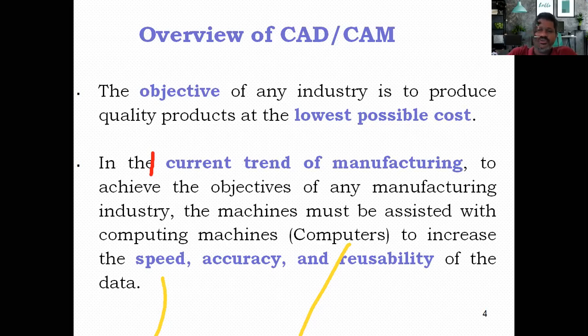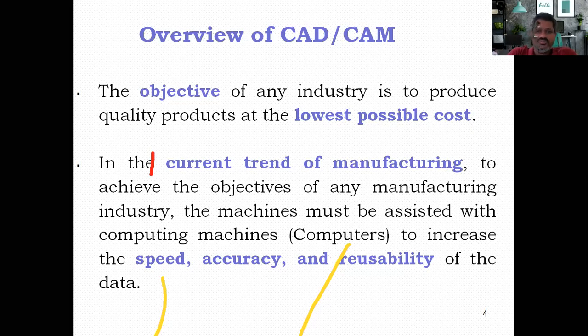You take any manufacturing industry, any supply chain industry, any e-commerce industry, their objective is to produce good quality products with the lowest possible cost.